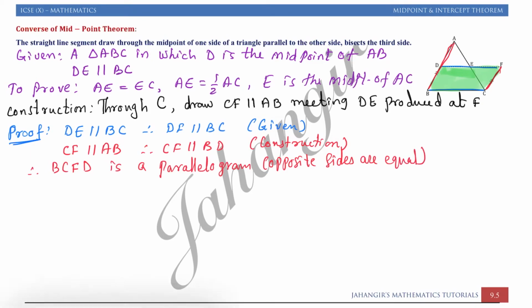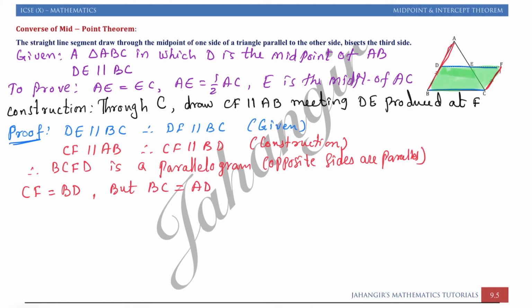So once opposite sides are parallel, we have to write opposite sides are parallel. So we can say CF is equal to BD, but BD is equal to AD.